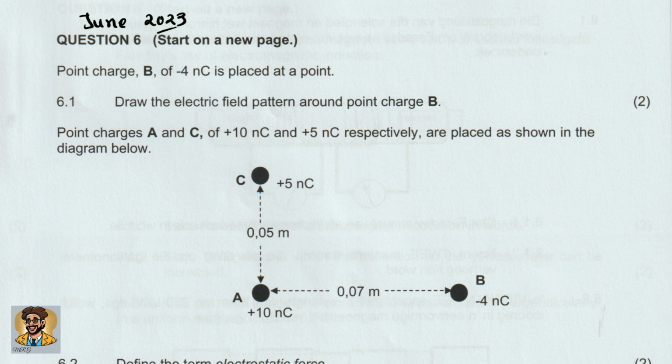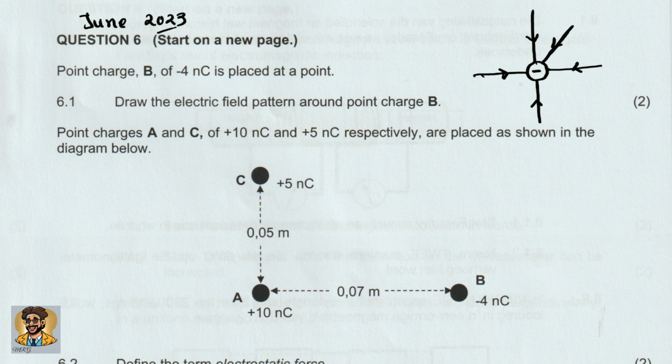So, to draw the pattern for point B, the first thing we have to do is to draw point B. So, here is B, and B is negative, so this is an isolated charge of negative 4 nanocoulomb. The electric field is represented with electric field lines. Those lines are straight and must be perpendicular to the surface of the charge.